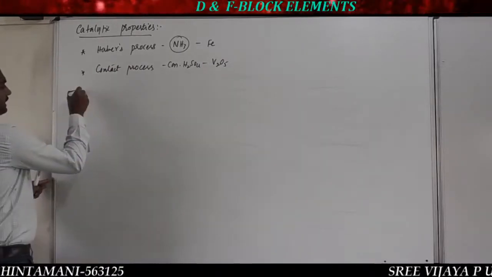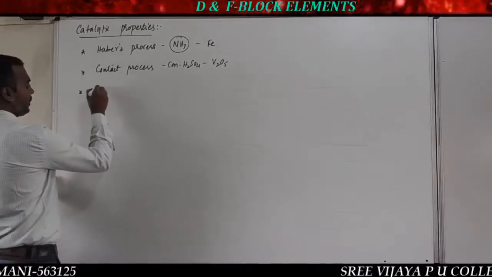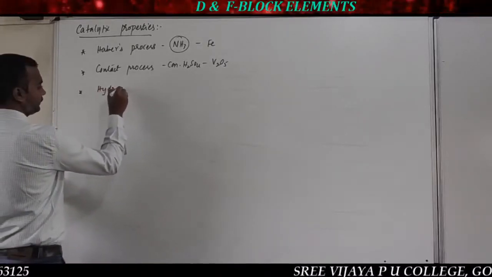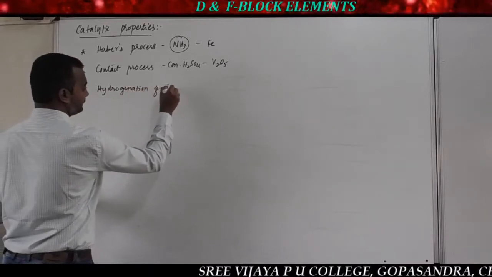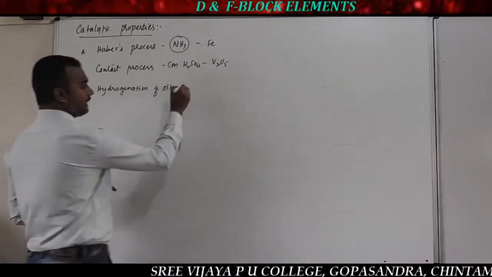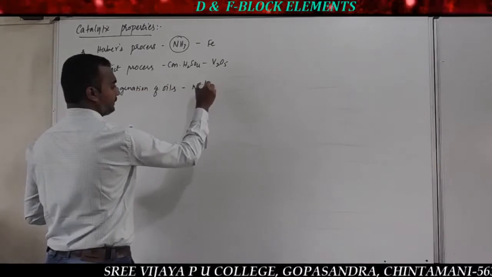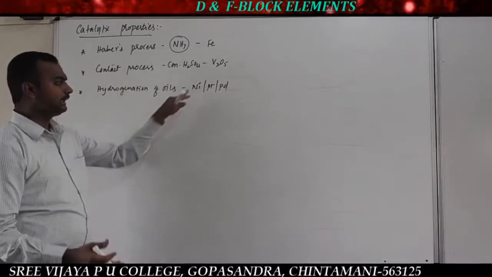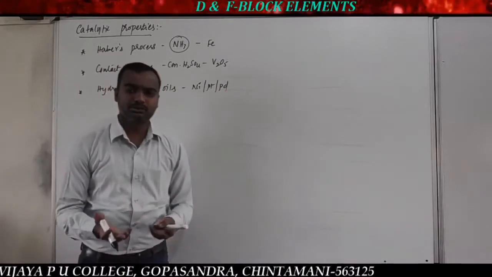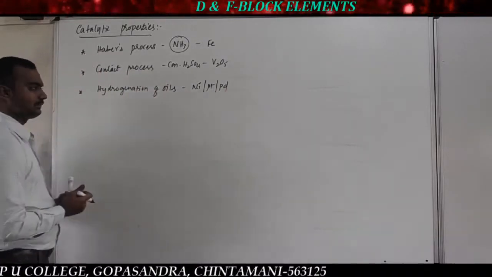And one more is hydrogenation of oils. In hydrogenation of oils, nickel, platinum or palladium are used as catalysts. And remember, nickel, platinum and palladium also belong to the d-block elements, that are transition elements.